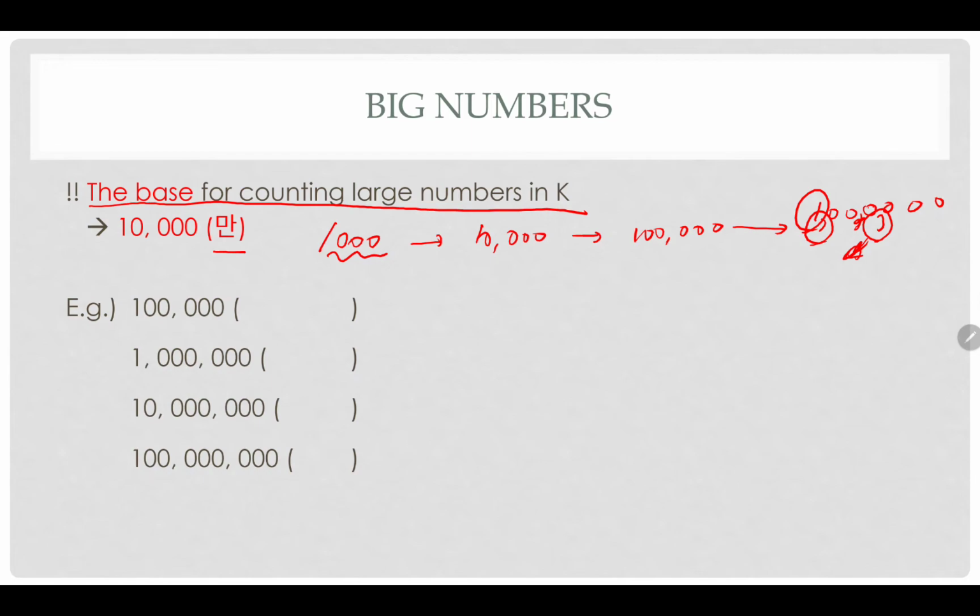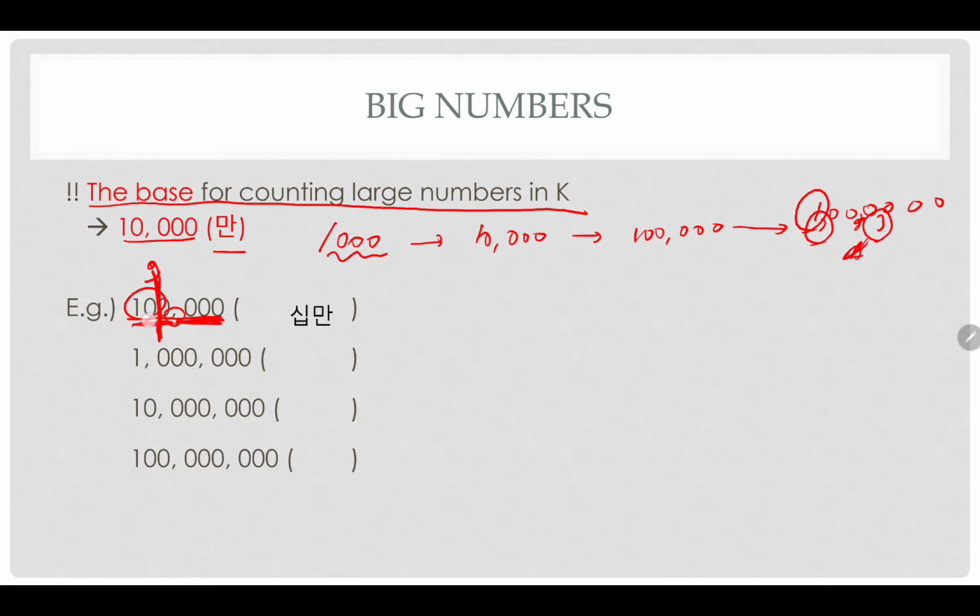These commas you use as the units that you jump. In Korean, because it was influenced by Western culture, these commas are used with 3 zeros. But traditionally, because it was influenced by Chinese, we go by 4 zeros, which is 만. So this number here, 100,000, is 10만, okay? Put an imaginary comma here.